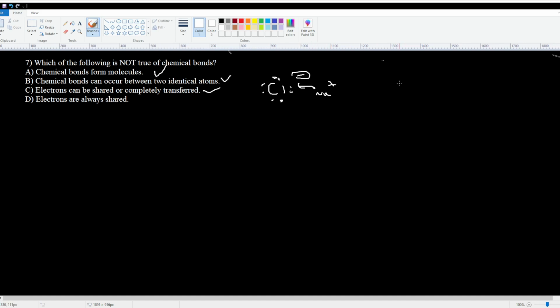That's called an ionic bond. And when we're talking about sharing, that's a covalent bond. For example, between carbon and carbon, that's a nonpolar covalent bond because we're sharing electrons equally. In the case of oxygen and hydrogen, this is a polar covalent bond because they're shared unequally. But regardless, they are shared.